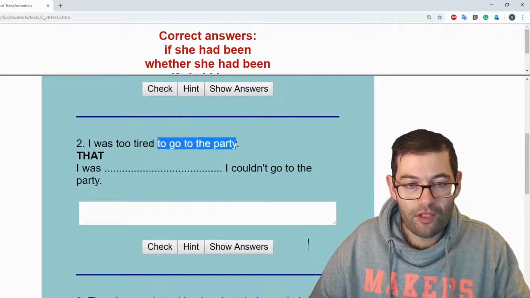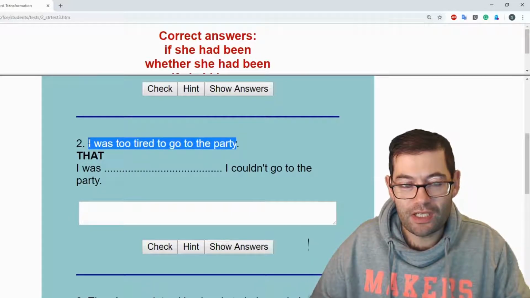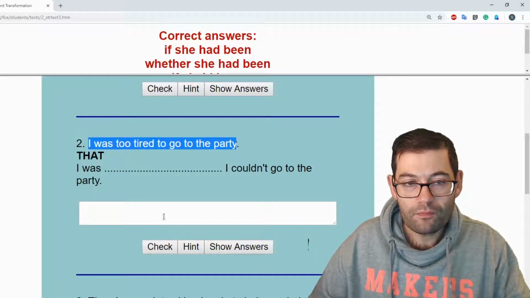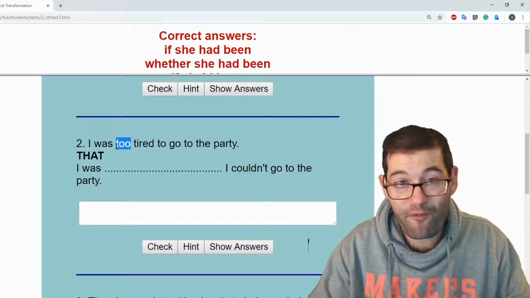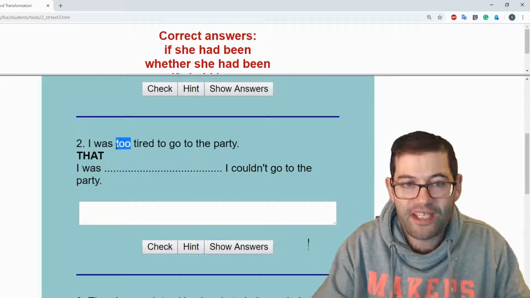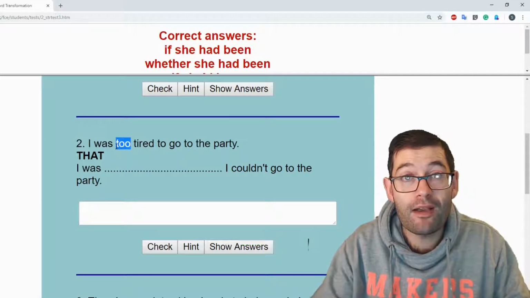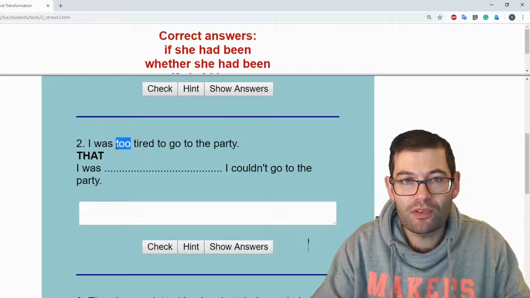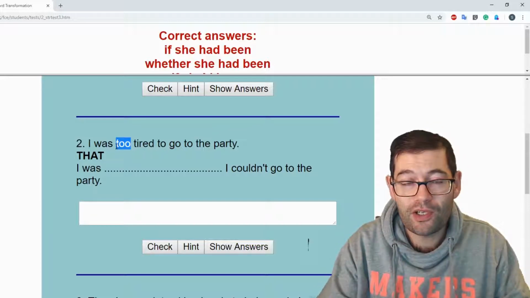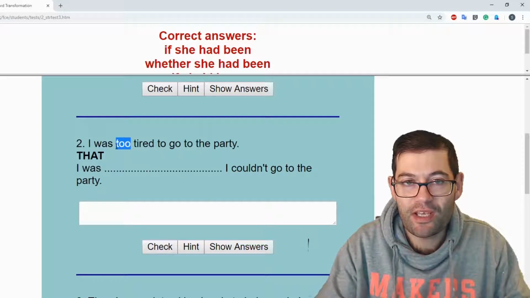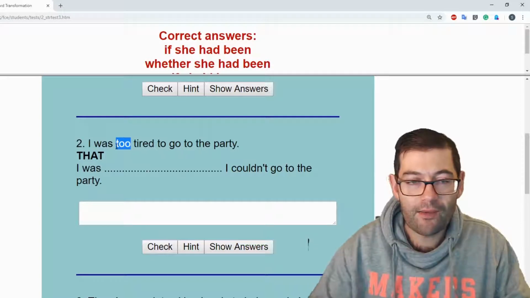Okay, let's have a look at question number 2. The original sentence says, I was too tired to go to the party. Now, keyword straight away, too tired. So this is an emphatic structure. I'm stressing the fact that I am tired. And this is important because we need now to use an emphatic structure, something that stresses tiredness in our answer.